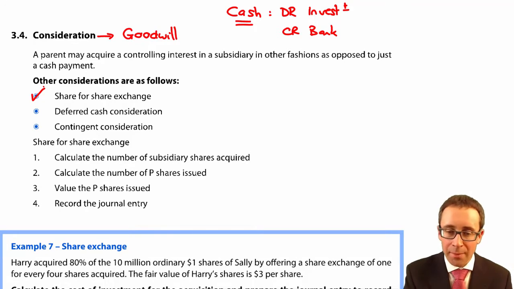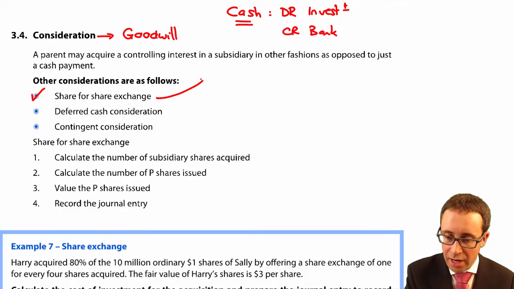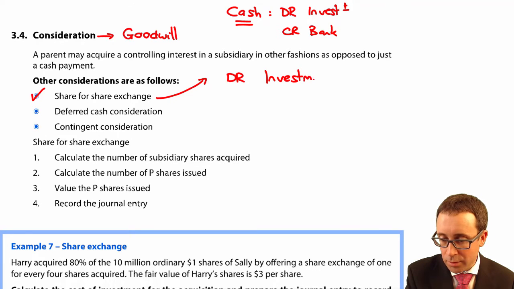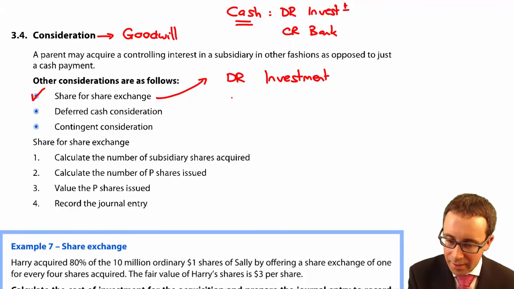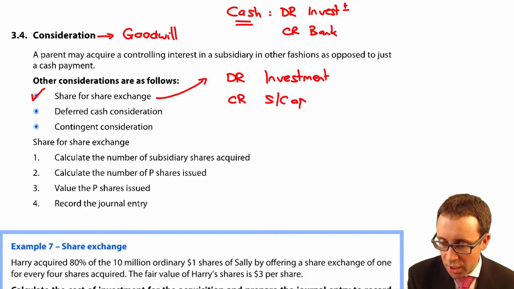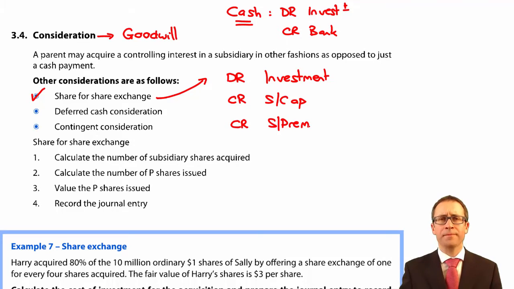So if you're thinking about journal entries, remember all the time we're looking at the debit to the investment. But what's going to happen there is that we're also going to have an issue of shares. So credit share capital and credit share premium.